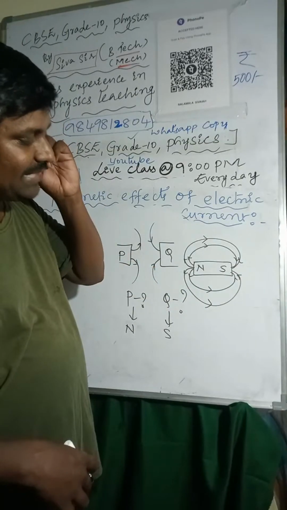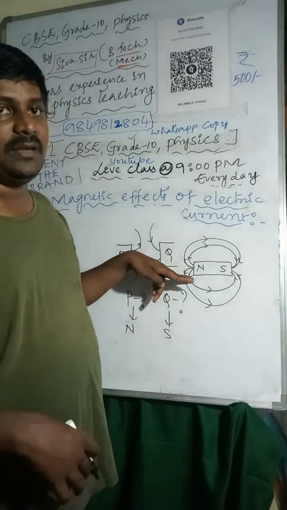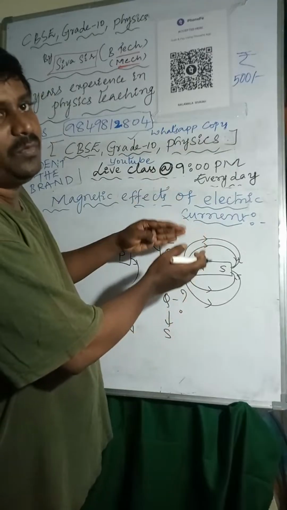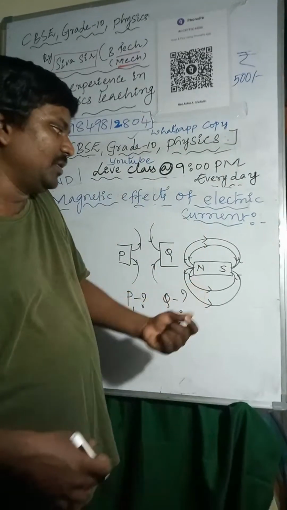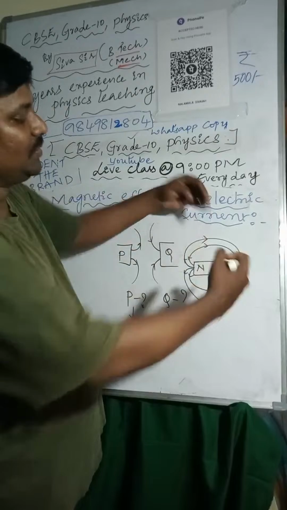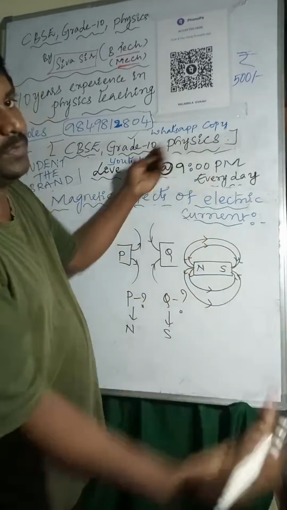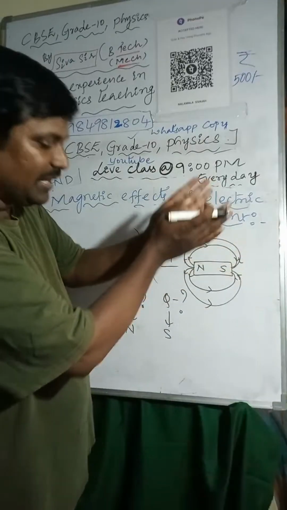So we need to check how the field lines are moving. If the field lines are moving away from it, that is North Pole. If the field lines are reaching the point, that is called South Pole.